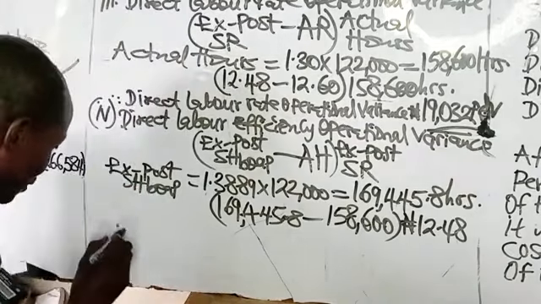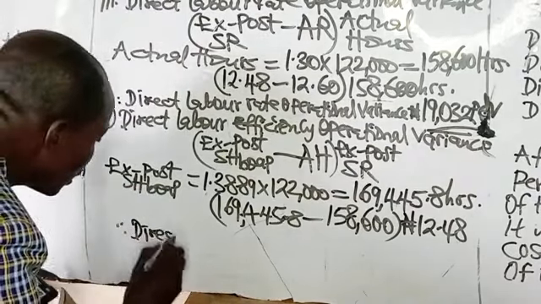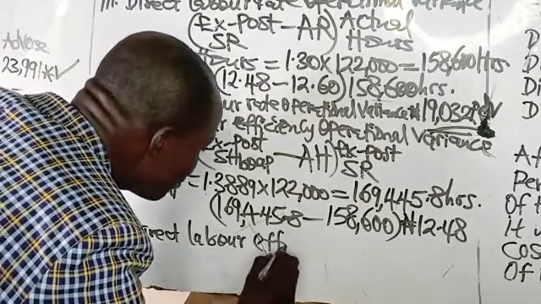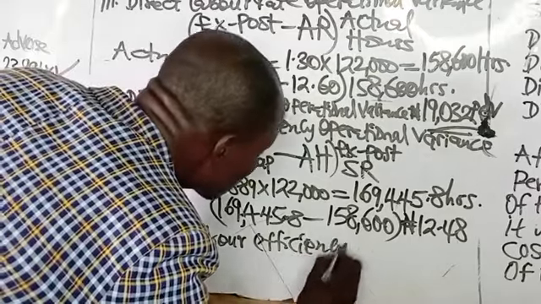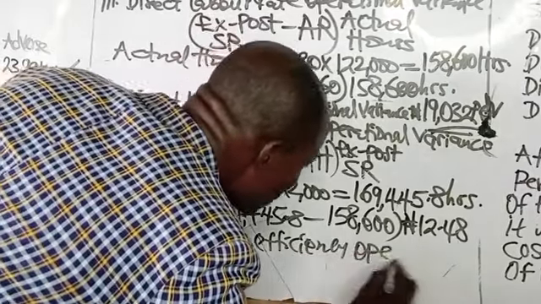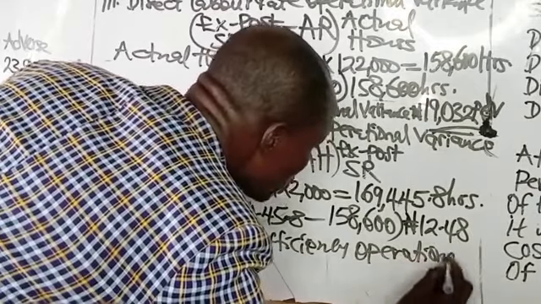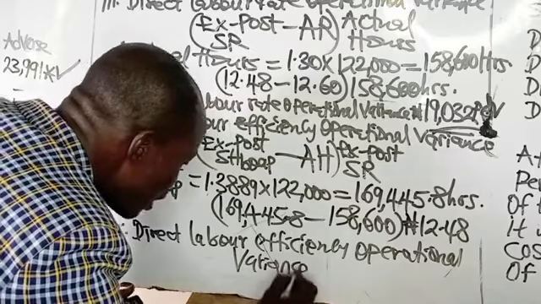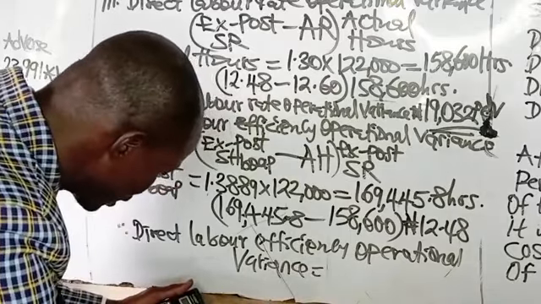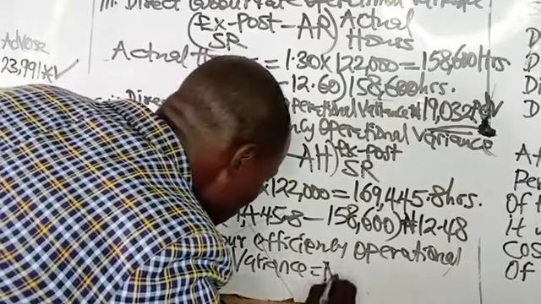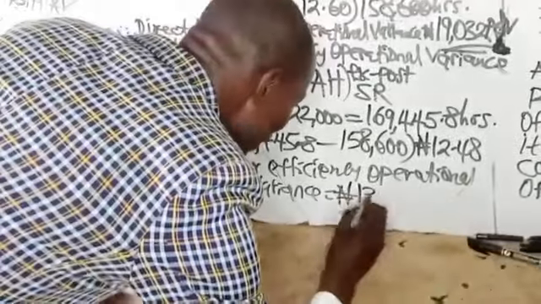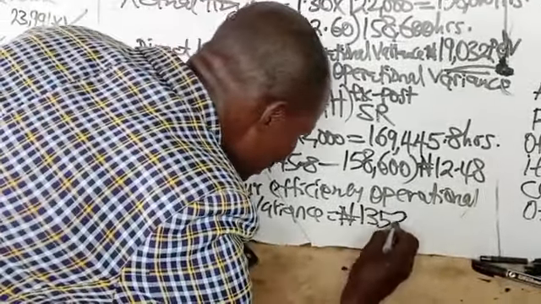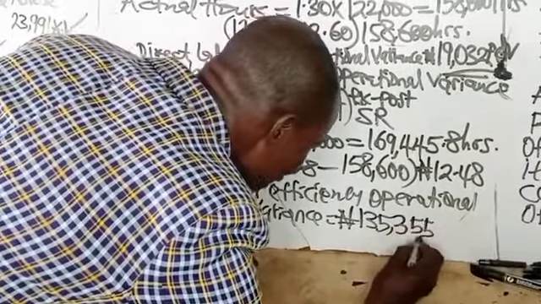That gives us 135,000. Therefore, direct labor efficiency operational variance, we have 135,355.